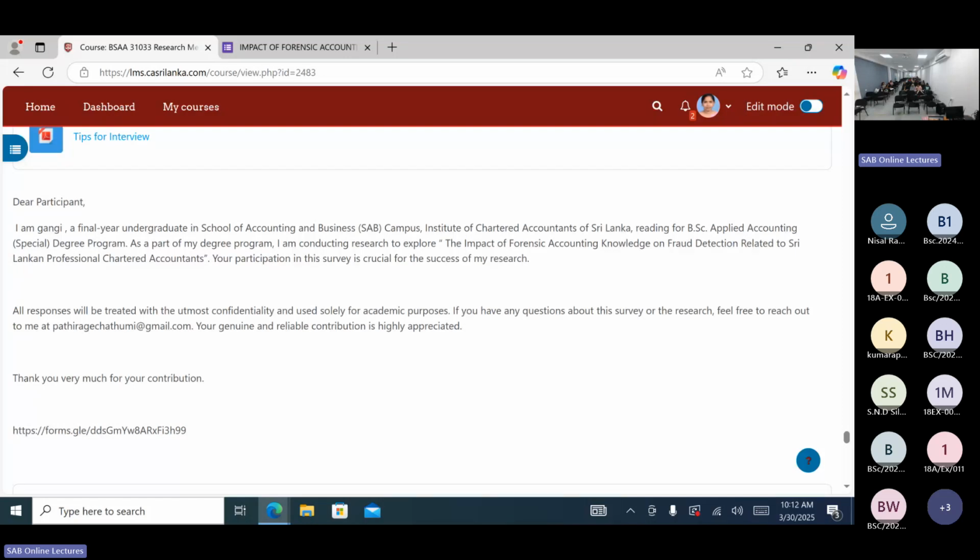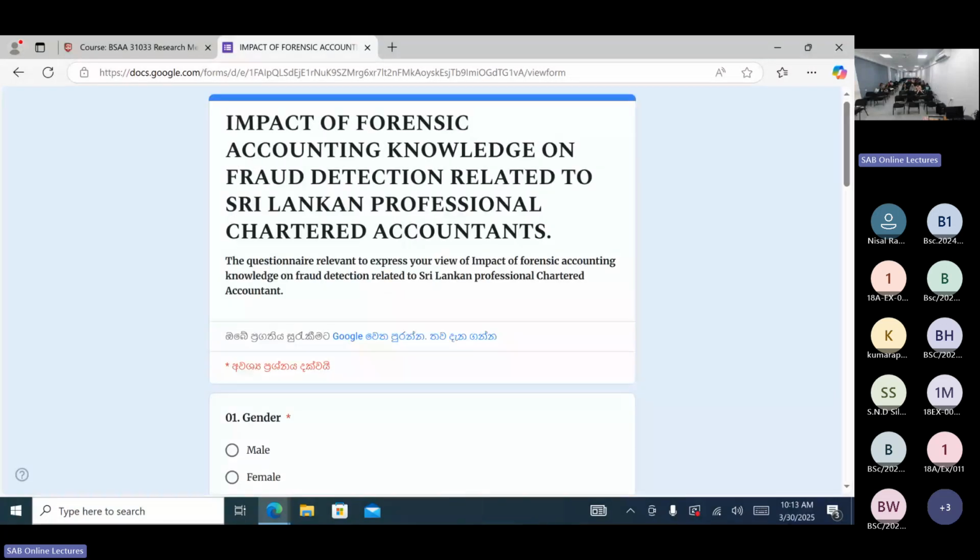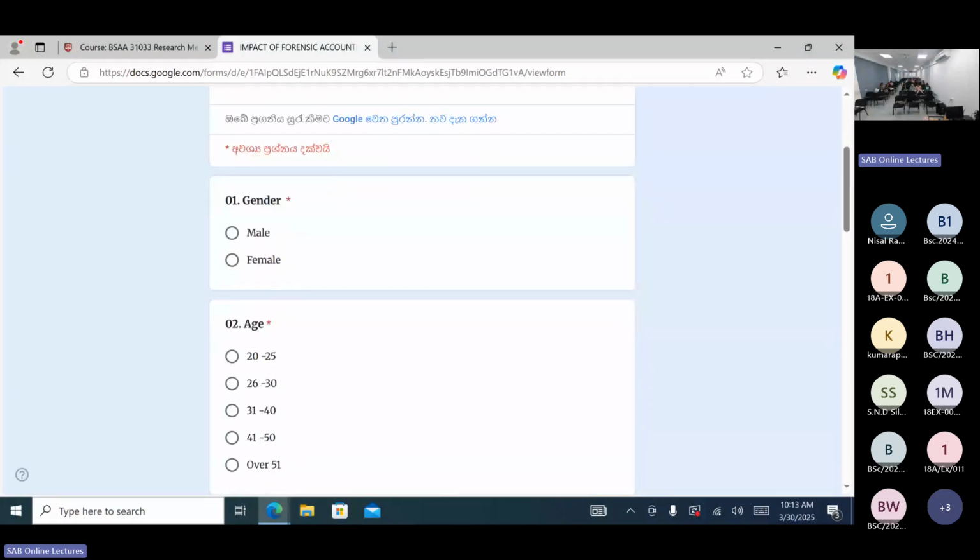By mentioning that, she gave you the questionnaire. Normally, this is a questionnaire, right? Heading is there, and then she asked first about your gender. So what sort of a questionnaire is it? Nominal or ordinal? It's a nominal.